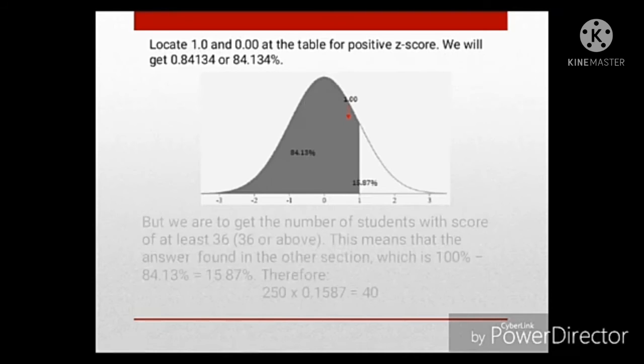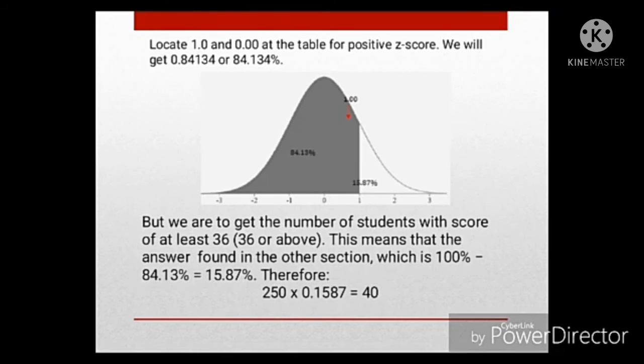But we are to get the number of students with a score of at least 36 or above. This means that the answer is in the other section, which can be obtained by subtracting 84.13% from 100%. The answer is 15.87%.